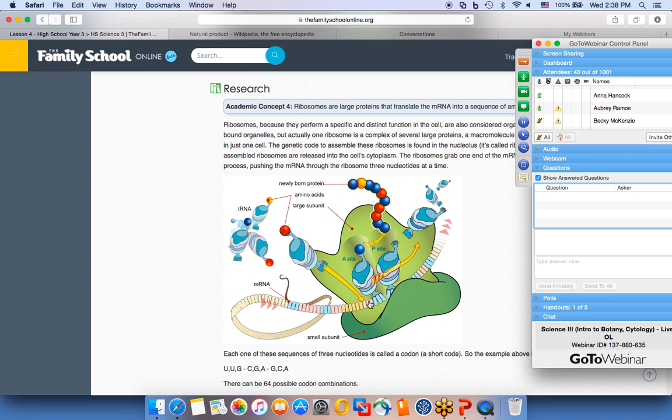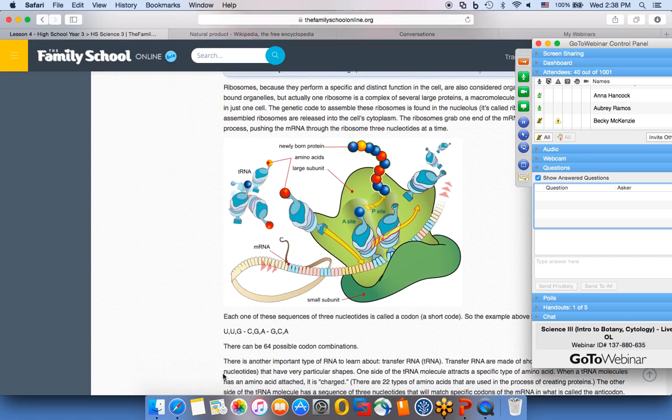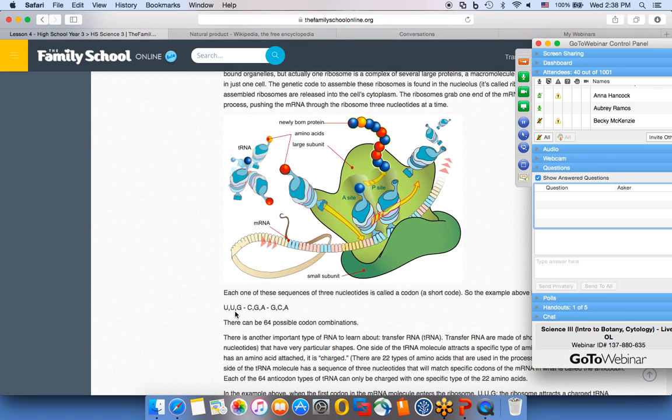So the sequence is basically broken into groups of 3 nucleotides. In the lesson here we have an example, UUG, CGA, GCA, and so on. How many combinations could you have if you have the 4 letters taken in groups of 3? How many combinations could you make?